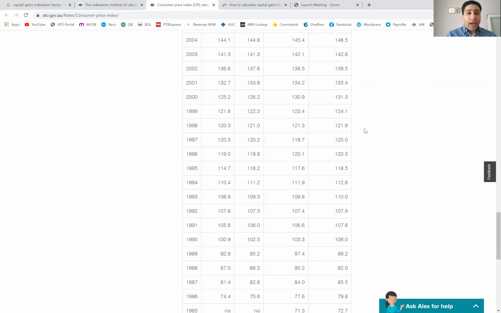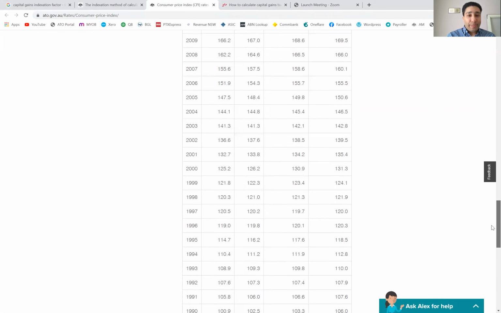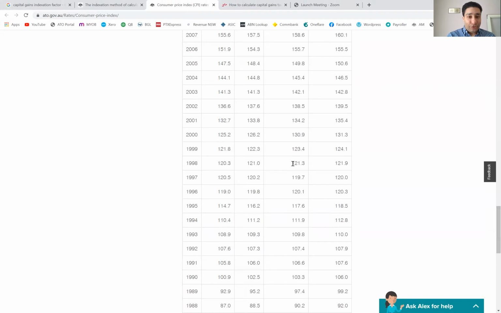So how to index? Okay, when you sell, so let's say you sold a property somewhere in September 1998, for example. So there's an indexation number in September 1998, and you purchased it, say, in June 1990. So go back. So you've got September 1998, 121.3.